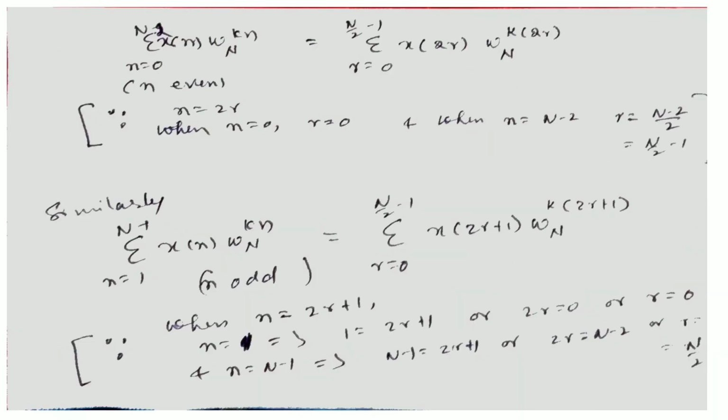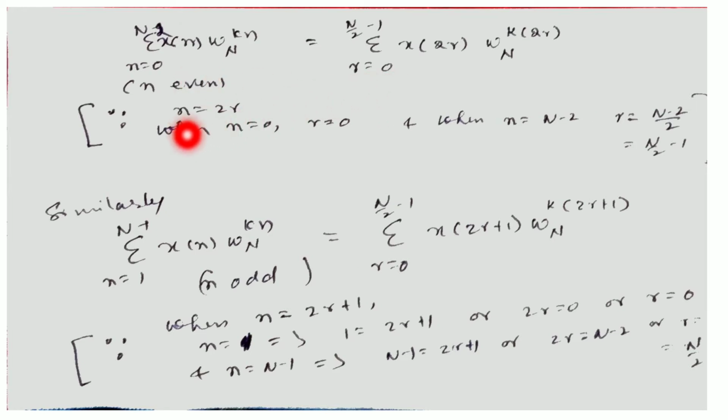So in the first term, that is the summation of x[n] W_N^(kn), n equal to 0 to N-2, where n is to be an even number, we replace n with 2r. When I am replacing n with 2r, obviously the limits also will change, because here the limits are with respect to n, so we have to change the limits with respect to r also.